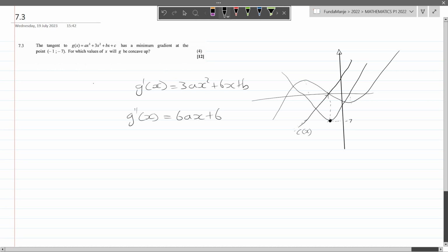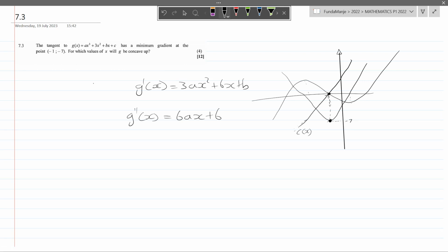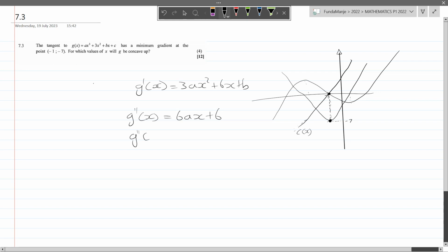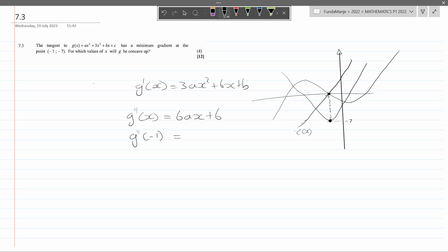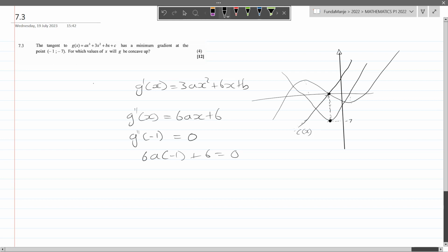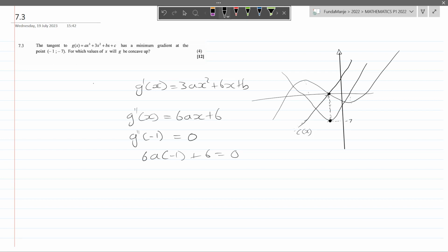Not that it's necessary, but just to show that this x value is related, which means that on this function, when x is -1, on the second derivative, the value of the concavity is 0. So we can substitute x with -1: 6a(-1) plus 6 is equal to 0. Take 6 to the other side, you get a is equal to 1.